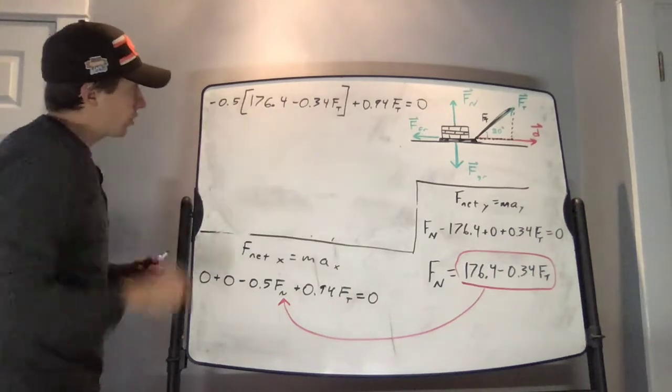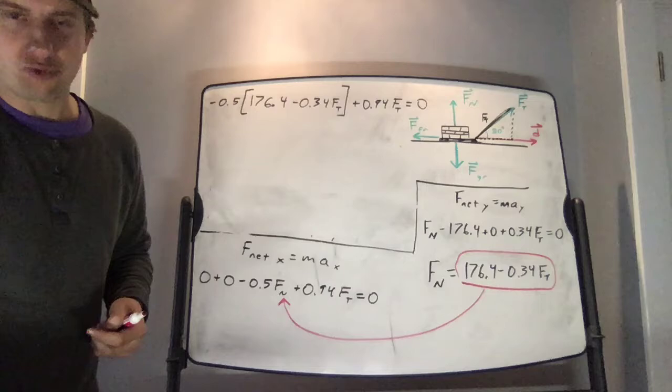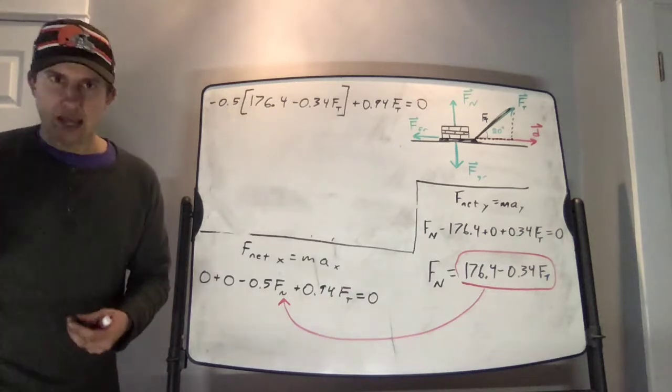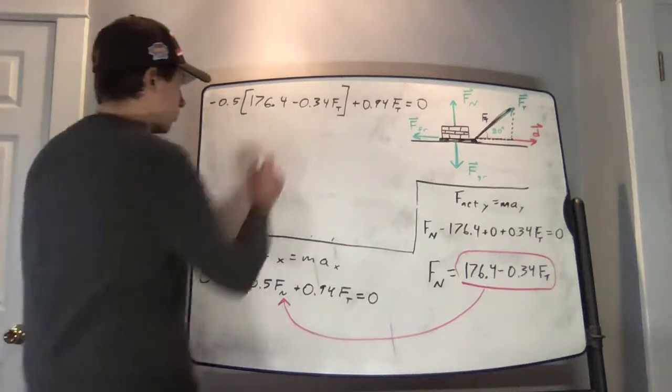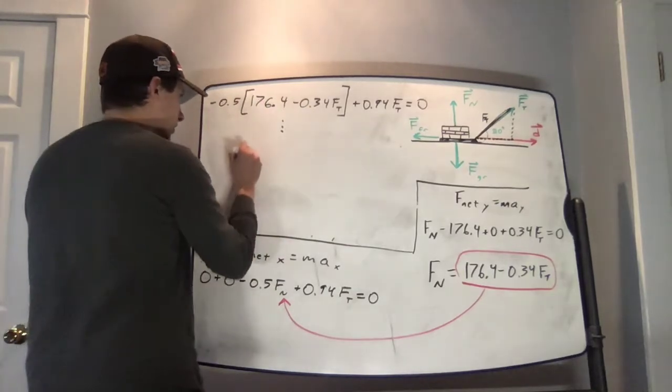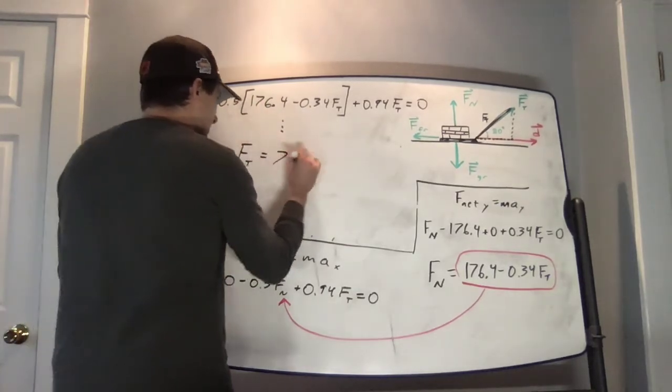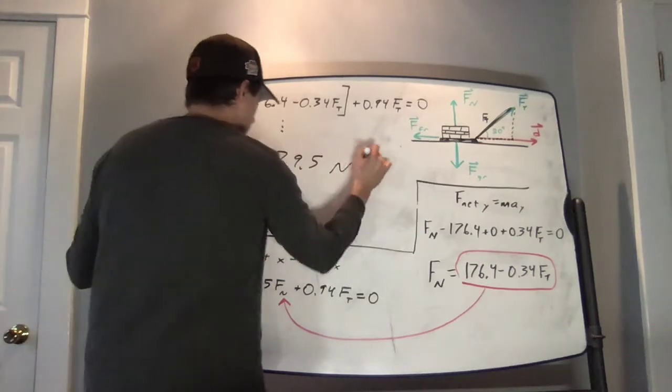Now I have one equation with one unknown. This problem is solvable. And when I go through the arithmetic of this problem, I find that after a couple lines of work, the tension force is 79.5 newtons.